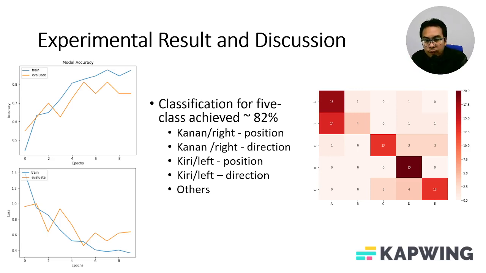And then we plotted it into our proposed confusion matrix, whereby A is kanan, B is kanan direction, C is kiri, D is kiri direction, and E is other classes, from the 4 listed. We can see the trend, and it could be made real from the diagonal perspective.